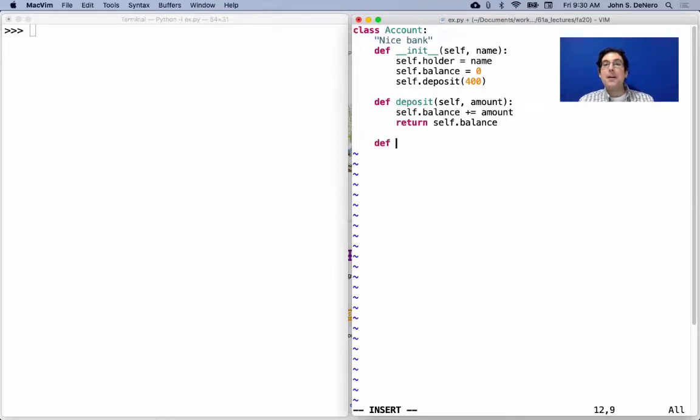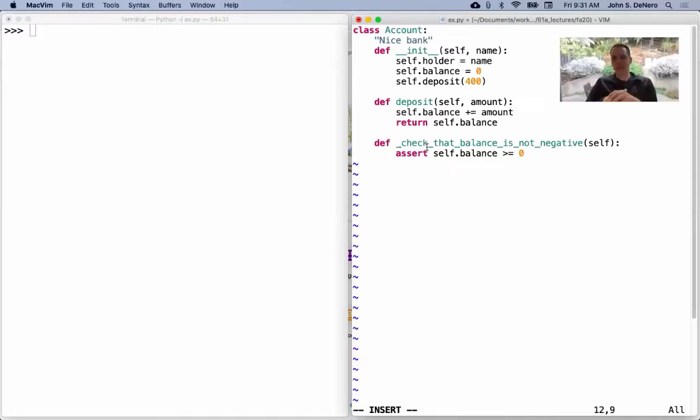If you want a method that you don't want anyone else to call, but it's just there to help, like to check that the balance is not negative, so assert that self.balance is greater than or equal to 0. You might want this somewhere, but you don't want other people to call it. The convention is to put one underscore in front of it. That basically says, this could change, people shouldn't rely on this. But it's possible to call it anyway. It's just, try not to use it.